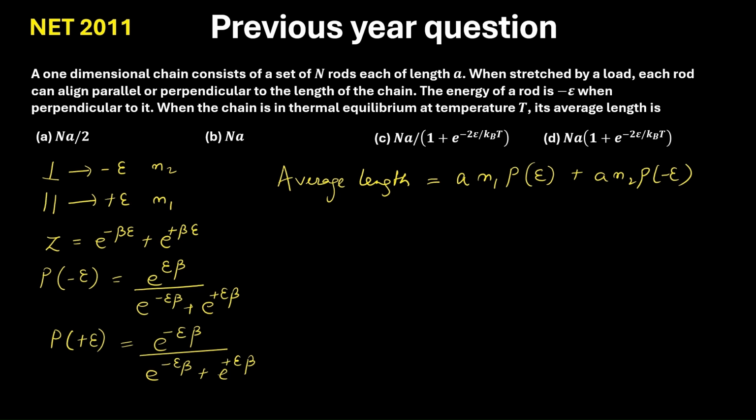So with this we can calculate. Let us substitute. So it will be A N1 times e to the power minus epsilon beta.